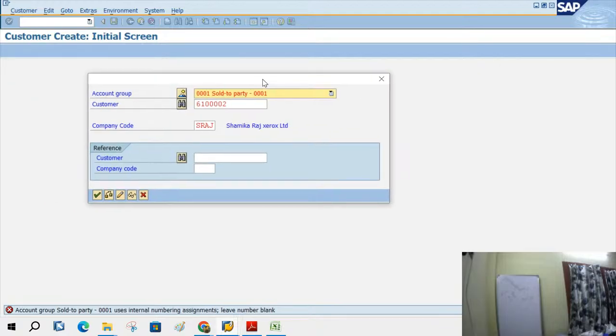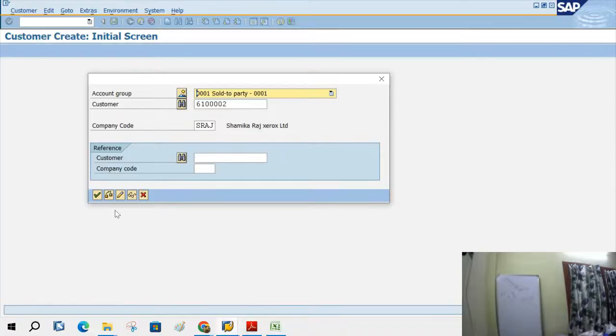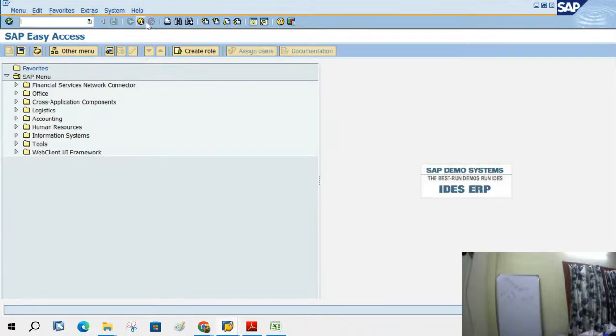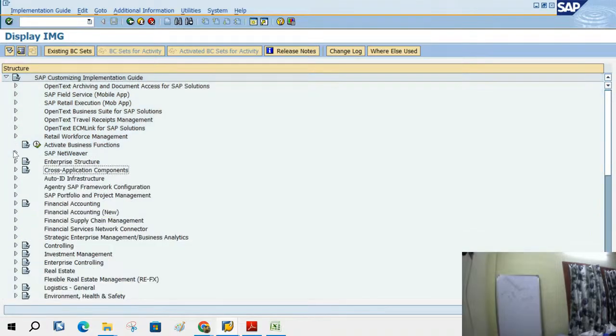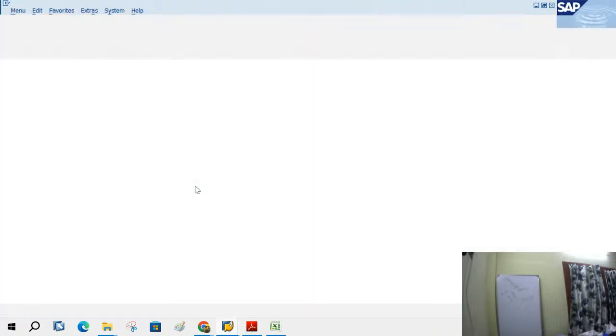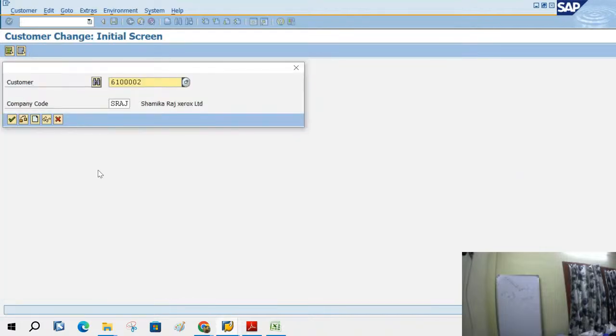Yes or no? It's not allowing me to do anything here. So now I have to do the consultant work for FD01. Till I don't do that, it will not allow me. Correct? So what is the consultant work which is going to be involved there? We have to see. I'm going to show you a customer.